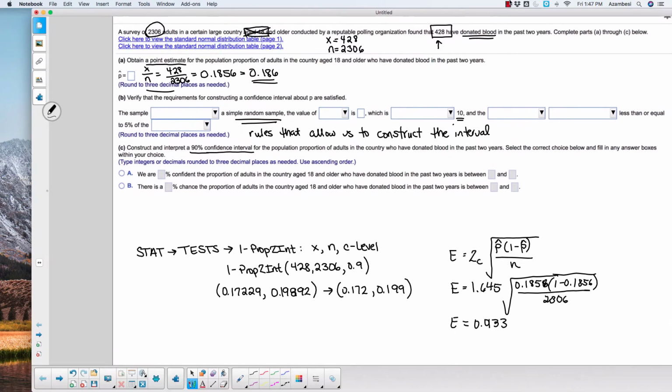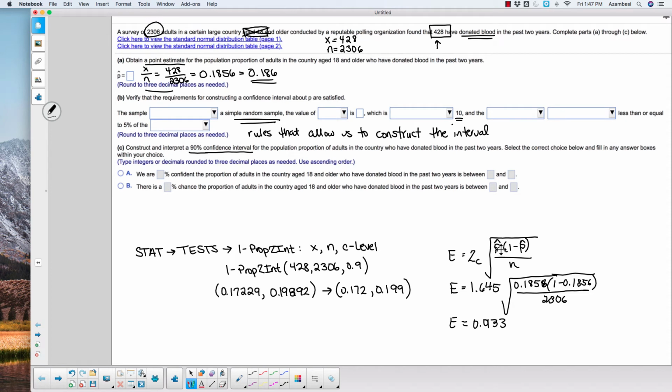So going forward, that means that our confidence interval is constructed like this. We have 0.186 minus 0.0133 and 0.186 plus 0.0133.